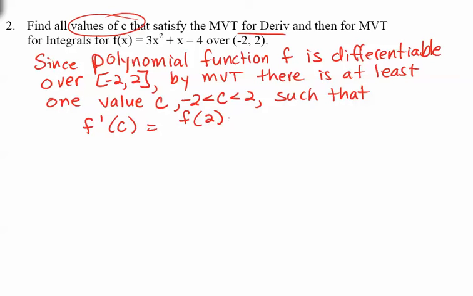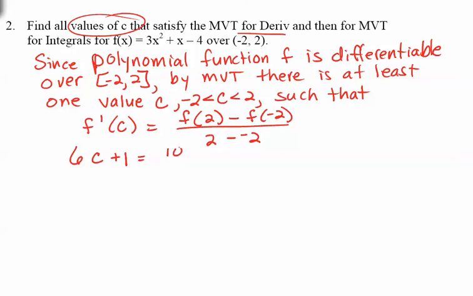So the y-coordinate at f of 2 minus the y-coordinate at -2, all over the difference of our x-coordinate. So that's just our slope formula. Our derivative would be 6x plus 1, so we're going to put c into our function, 6c plus 1.